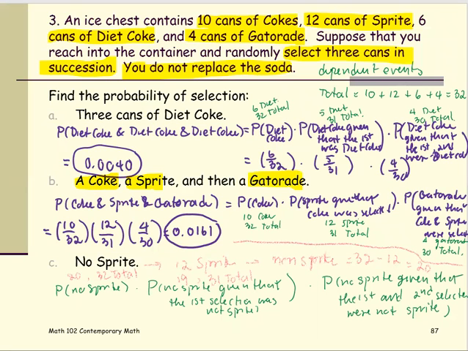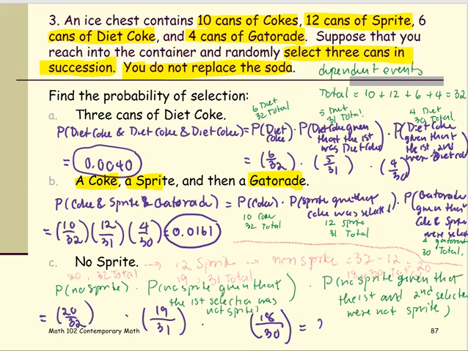And the third round is going to be a total of 18 non-Sprite options out of 30 total cans selected from. So we put together the probability. The first one will be 20 out of 32. The second one is 19 non-Sprite out of 31 cans in total, and multiply by the third probability, which is 18 non-Sprite out of 30 cans total in the ice chest.